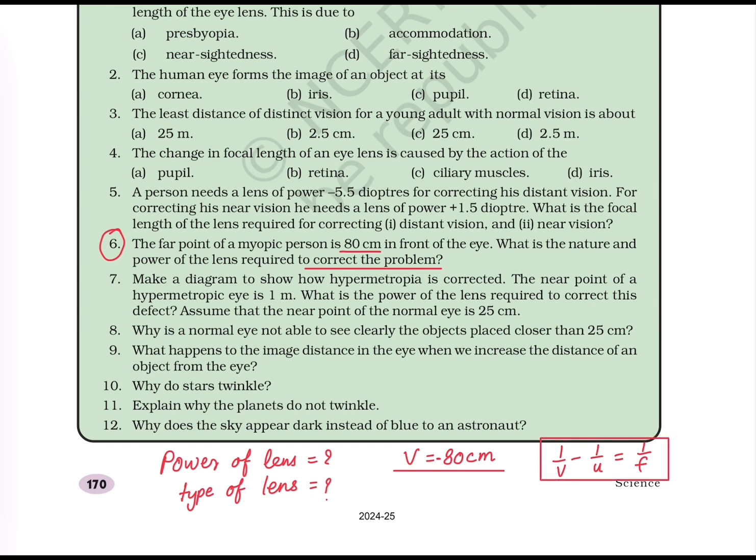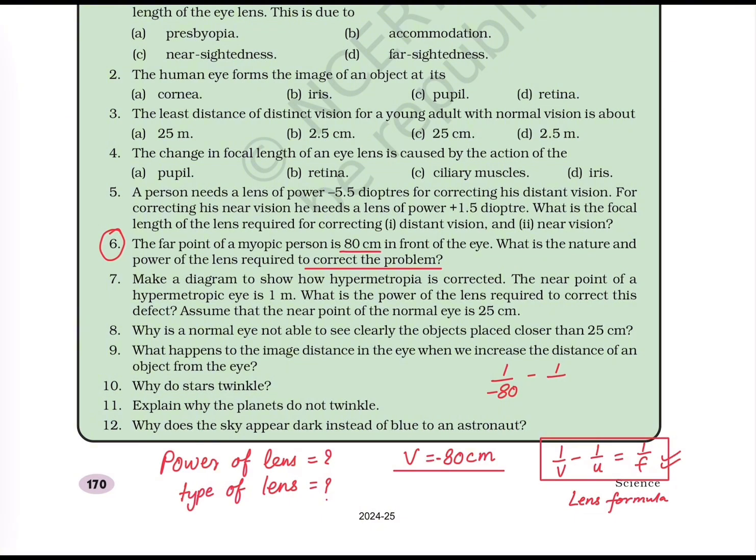Okay, so this is the formula that we are going to use, and this formula is called the lens formula. So what are we going to do with this formula? We will be putting 1 by minus 80. Now I have to subtract 1 by u.